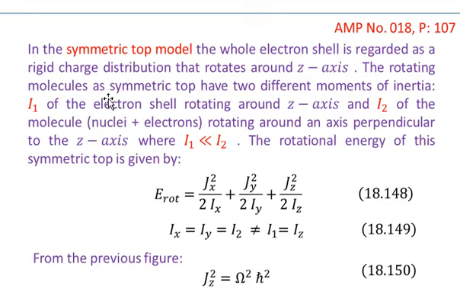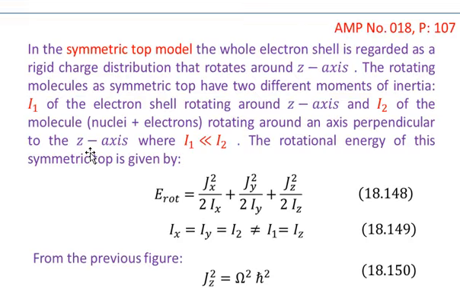The rotating molecules as symmetric top have two different moments of inertia: I1 of the electron shells rotating about the z-axis, and I2 of the molecule. When we talk about the molecule, it means that I2, that of the nuclei plus the electrons, rotating about an axis perpendicular to the z-axis.